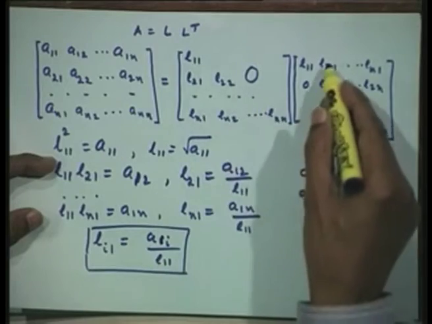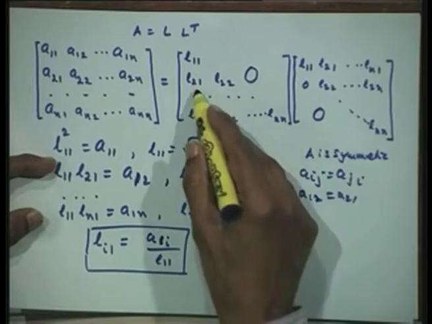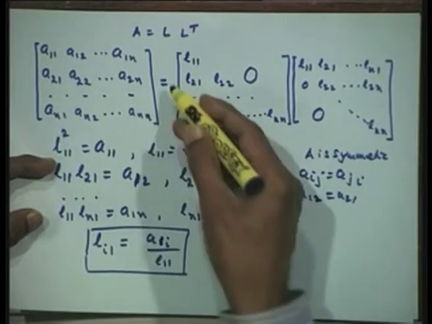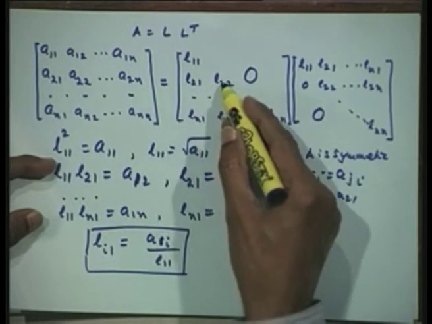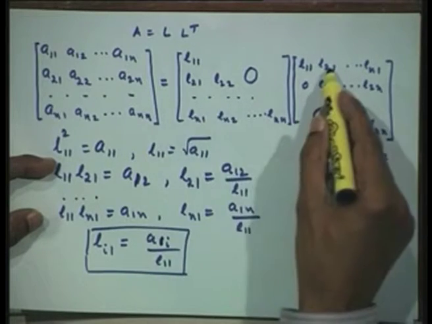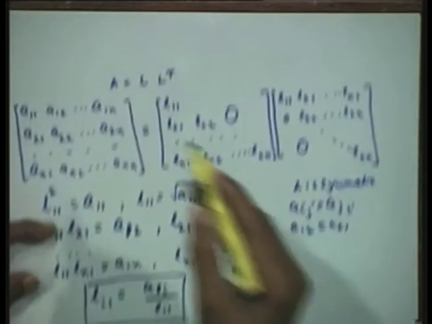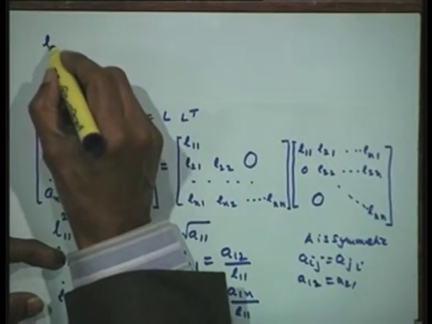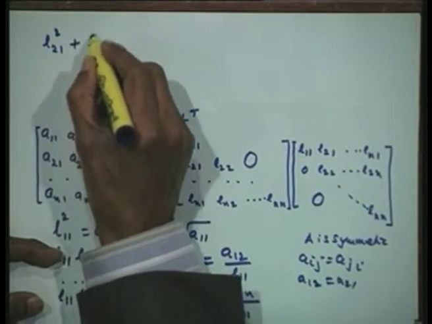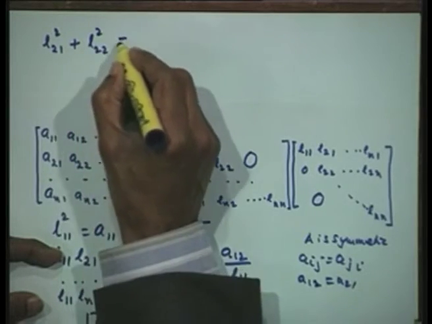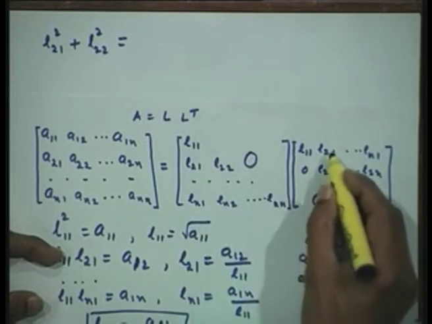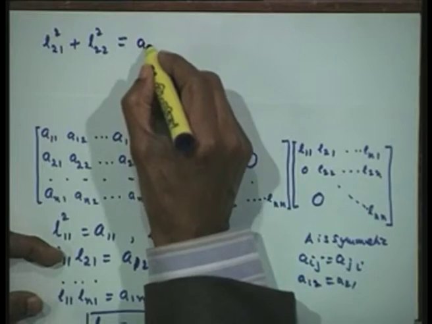Now, we go to the second row, second column, because we do not need to multiply the first row because it is symmetric, so it is not necessary. So I will take the second row second column, that is L21 square plus L22 square, that will be equal to A22.